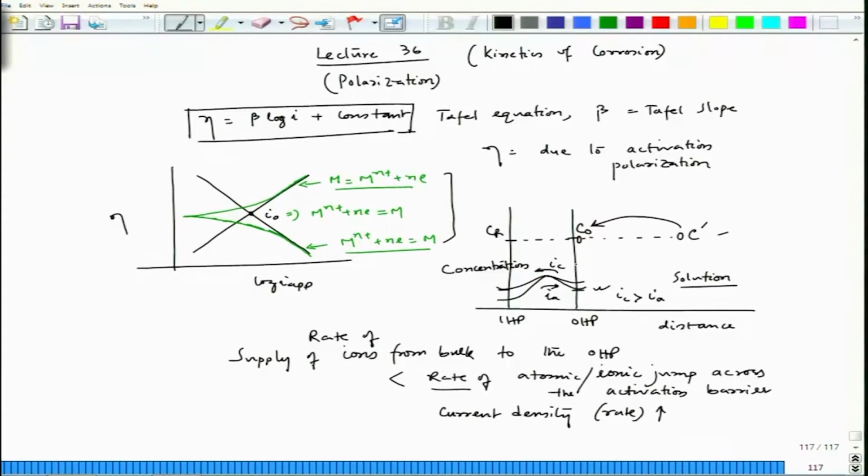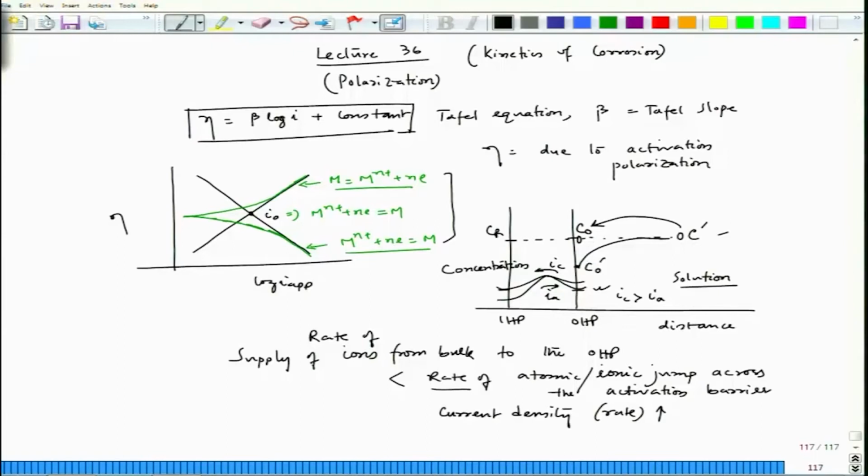So, now there could be a concentration profile with decreasing concentration as we come from the bulk concentration to the interface. This concentration would have a distribution like this. So, here it would become CO prime.